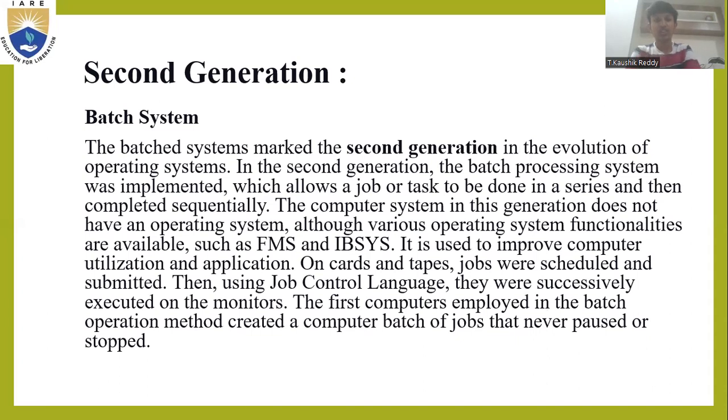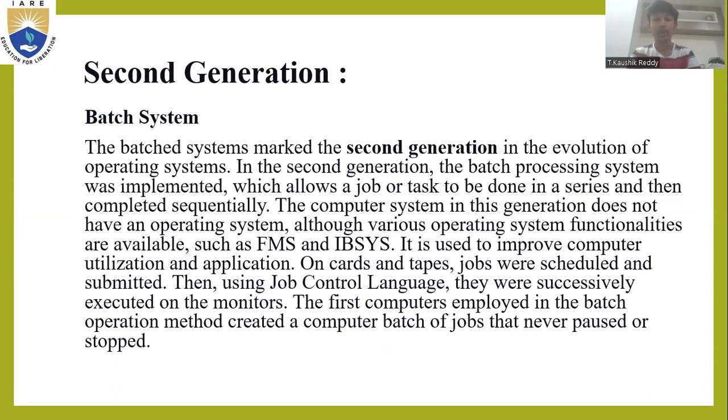Next, the second generation: batch system. The batch systems marked the second generation in the evolution of operating systems. In the second generation, the batch processing system was implemented, which allows a job or task to be done in a series and then completed sequentially. The computer system in this generation doesn't have an operating system, although various operating system functionalities are available, such as FMS and IBSYS.